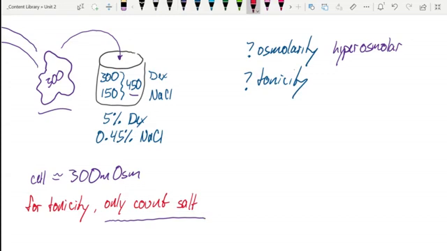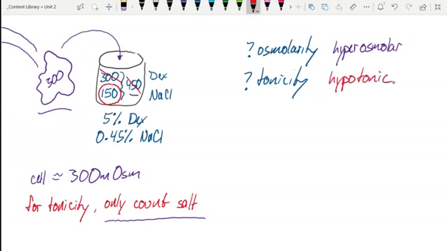That means that this 300 doesn't count. Why? Because the cell's going to eat it. That means that we're no longer at 450, we're just at 150. And because 150 is less than 300, the tonicity is hypotonic.